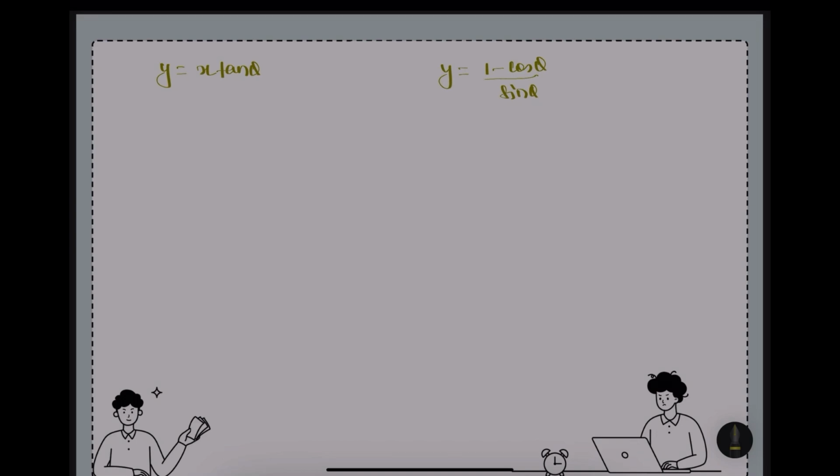Look at this, we have a problem with theta, and theta is associated with a trigonometric thing. In trigonometry also we have three trigonometric ratios: sine, cos and tan. It's ugly, correct? So we want to convert every trigonometric ratio into the same form. So do you remember 1 minus cos 2 theta?